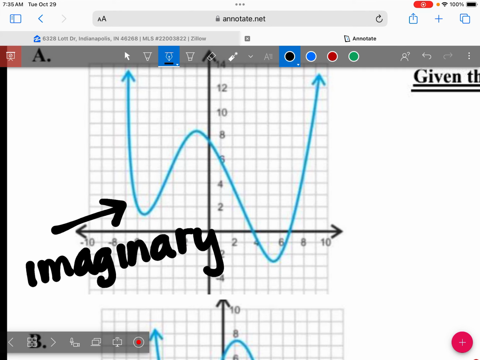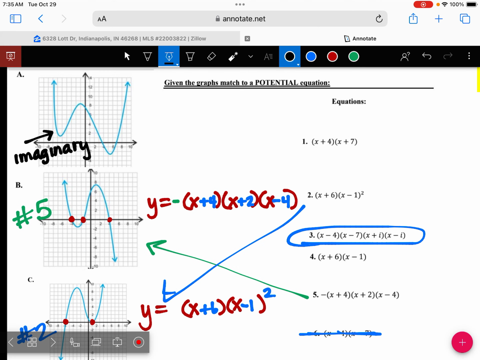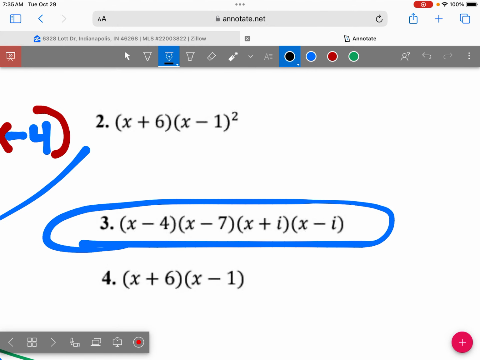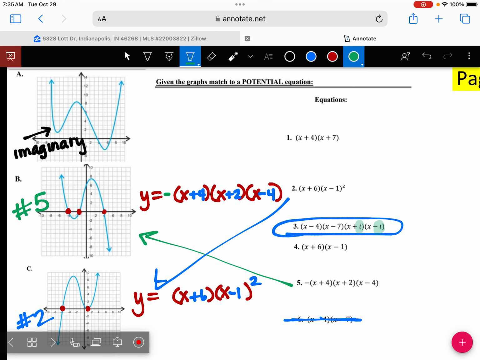When it doesn't come down quite far enough, that's an example of imaginary. So the only option that gives us an I is 3. That was tricky because it almost got me too. I was like, they didn't put an equation for A, but they did. So that would be number 3.